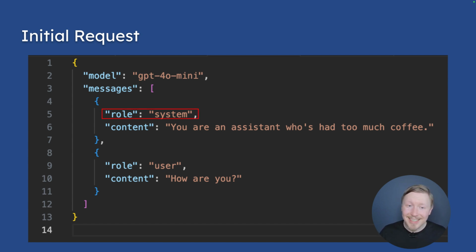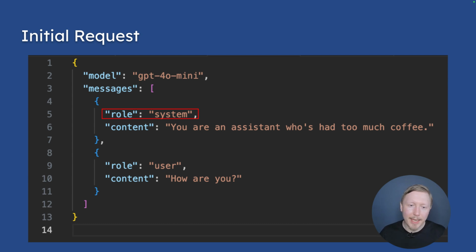The system role is used to set up how you want your AI chatbot to behave. This is where you would pass in any context or any information that you want the AI chatbot to have when users are interacting with it. This is really where you can customize and tailor the chatbot to behave as you want it to behave and pass in any information that might be relevant for users to interact with.